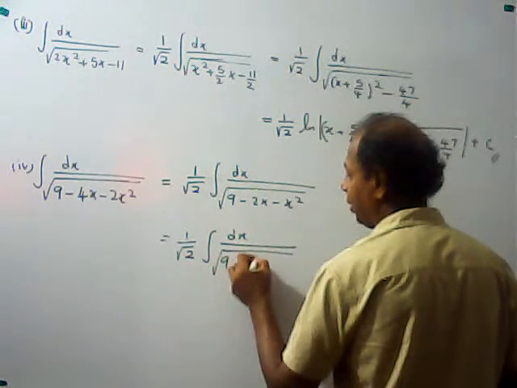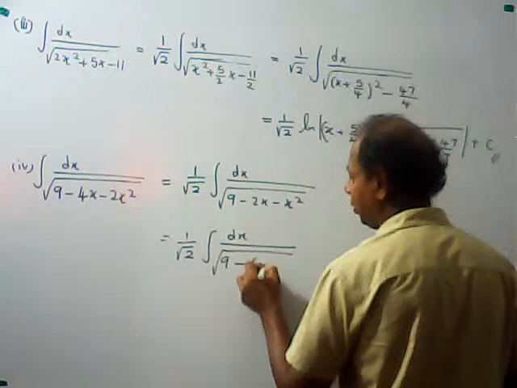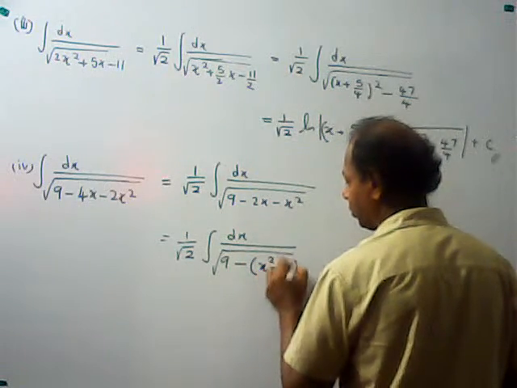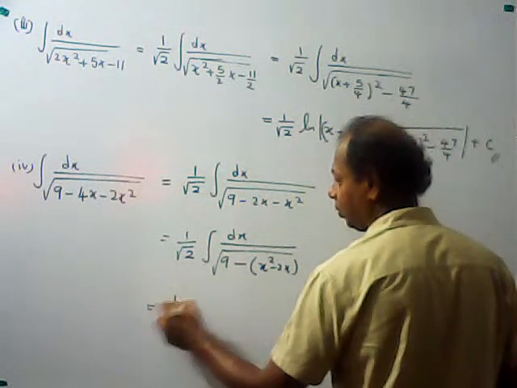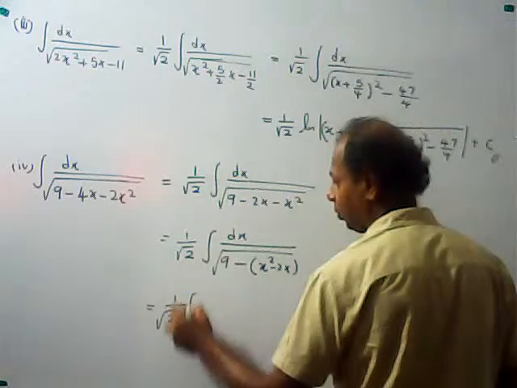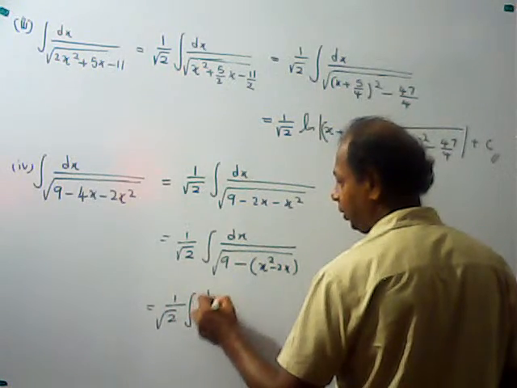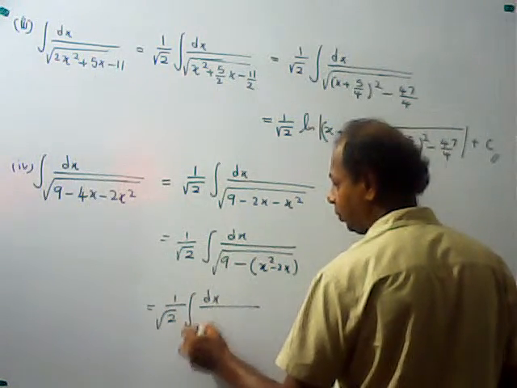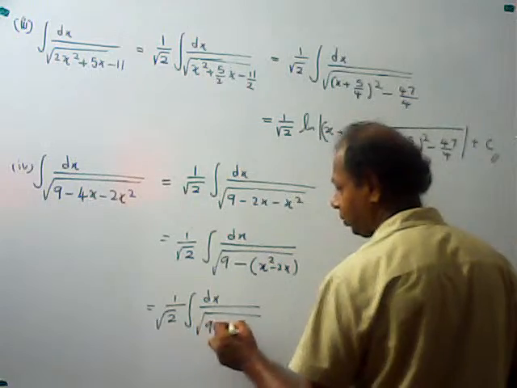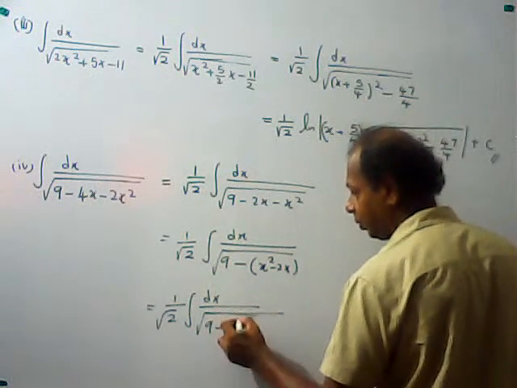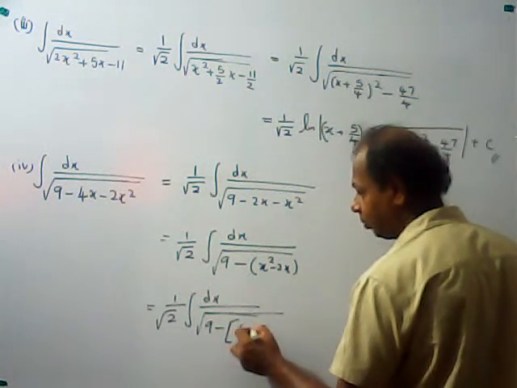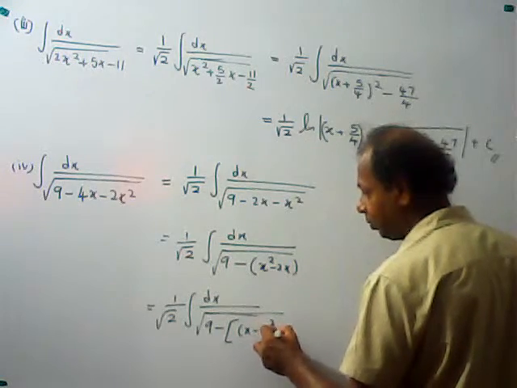So it is 9 minus, I will take minus 1 out, (x squared plus 2x). So it's 1 over root 2, integral of dx, 9 minus, within brackets, (x plus 1) squared minus 1.